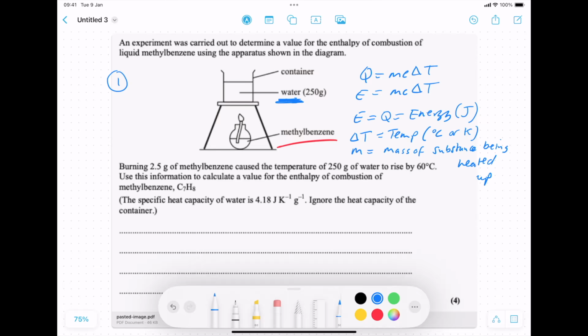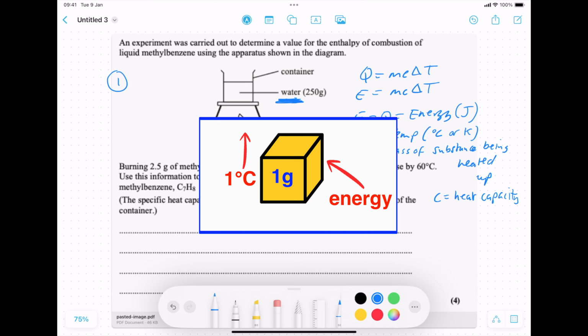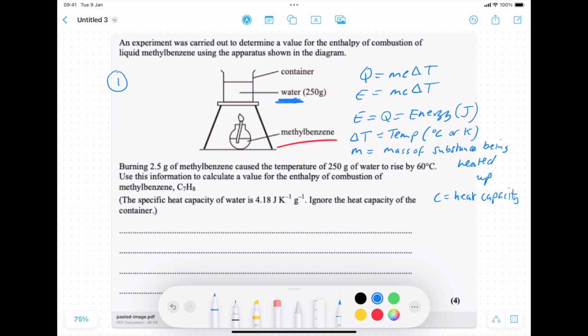And then finally we have C, which is the specific heat capacity. Now what the specific heat capacity is, I'll say this really slowly, it's the energy required to raise 1 gram of that substance by 1 degree C or 1 Kelvin. The unit of temperature doesn't matter as long as you're consistent with it.